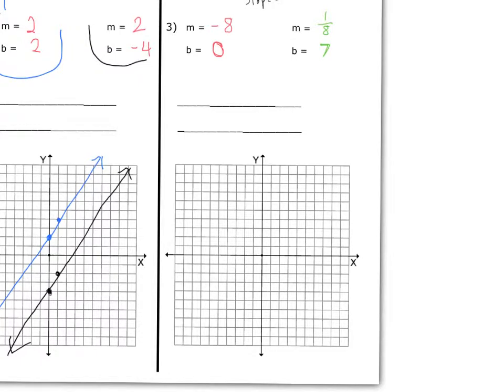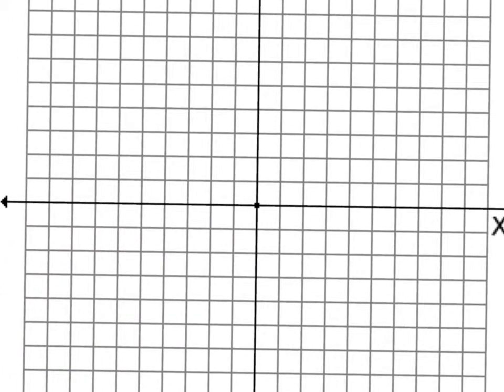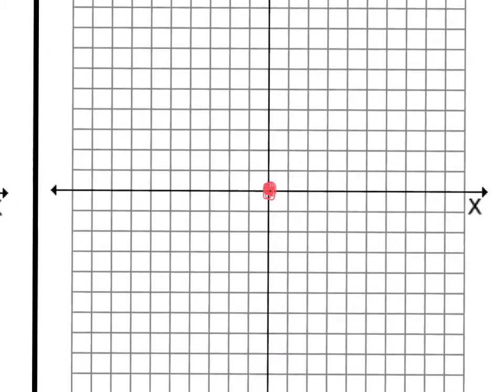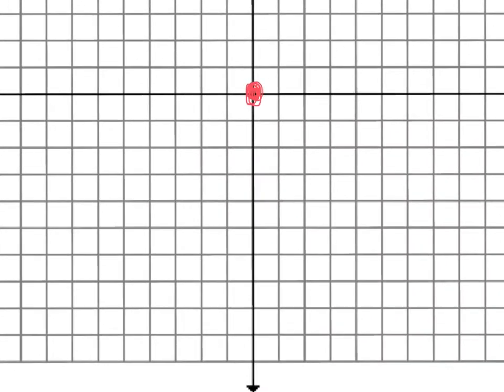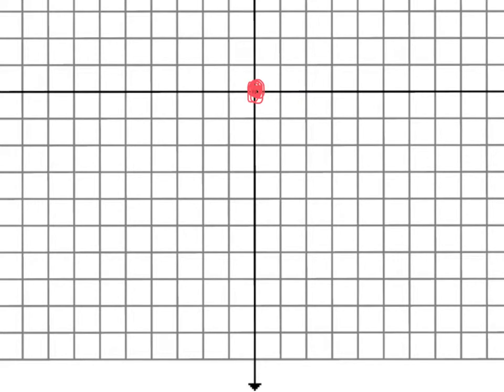All right, so we had the first one, a y-intercept of 0 and a slope of -8. So let's go ahead and graph it. We're going to go down 8 and over 1. 1, 2, 3, 4, 5, 6, 7, 8, and over 1.